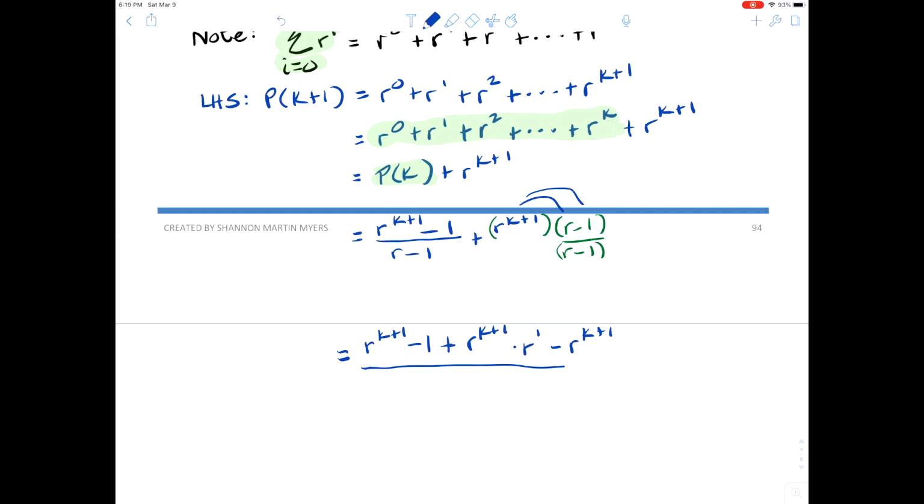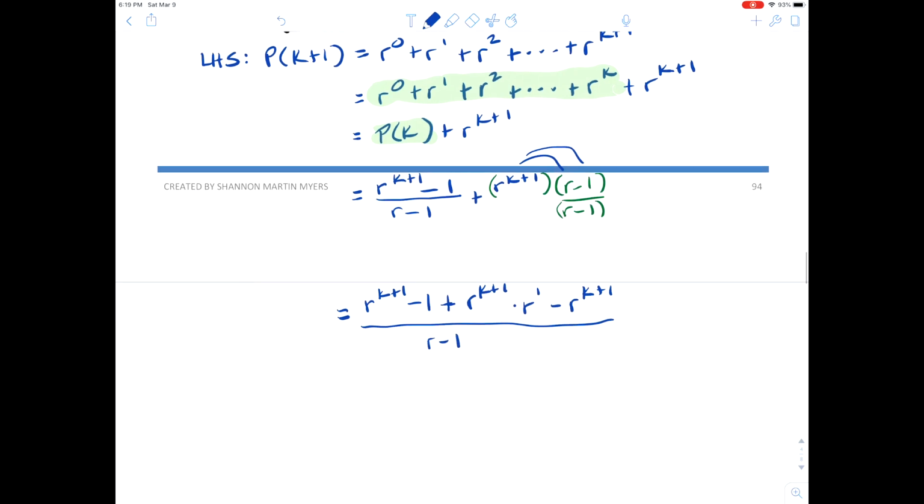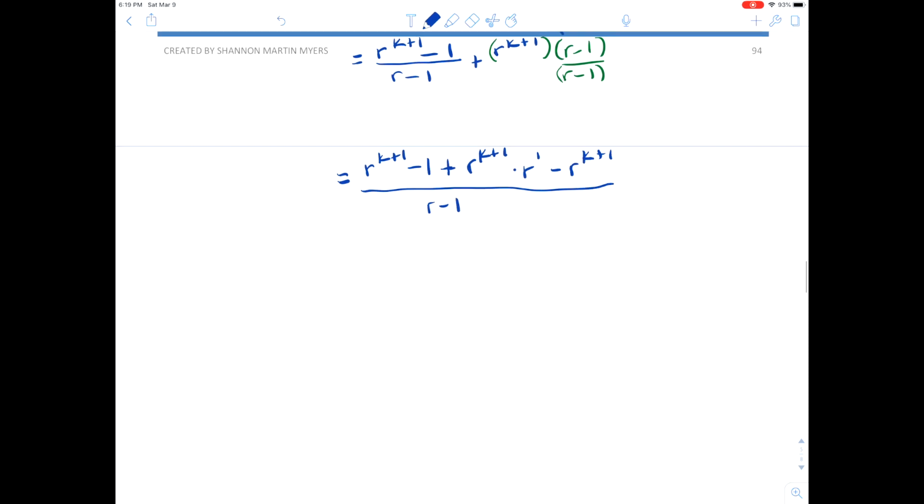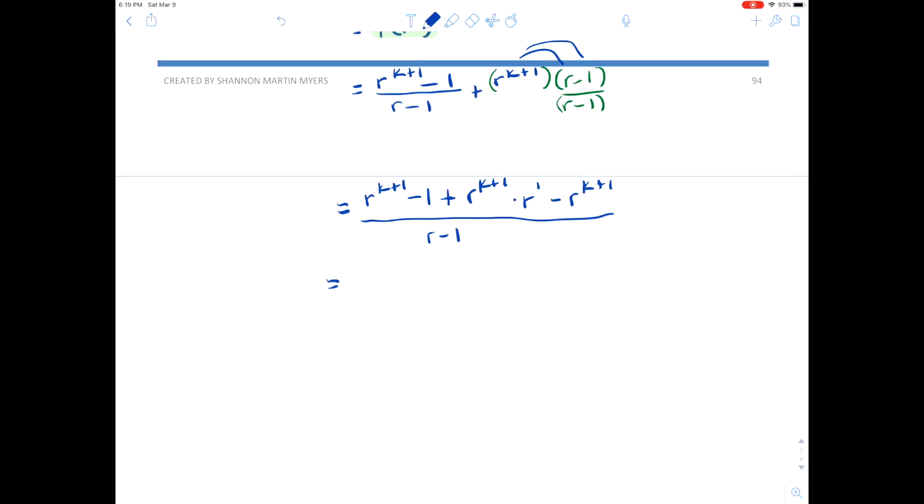All of this will be over r minus 1 because we got our common denominator. Notice that the r to the k plus 1 terms will zero out because they have opposite signs. And r to the k plus 1 times r to the 1 is going to be r to the k plus 2, beautiful, k plus 1 plus 1. And then we'll have minus 1 over r minus 1.